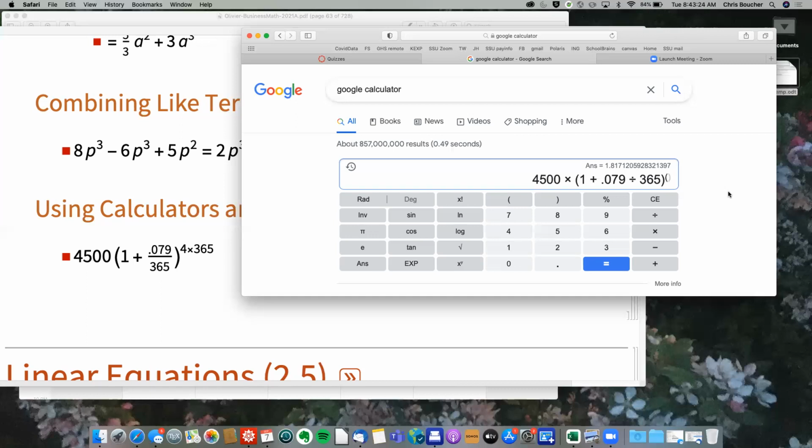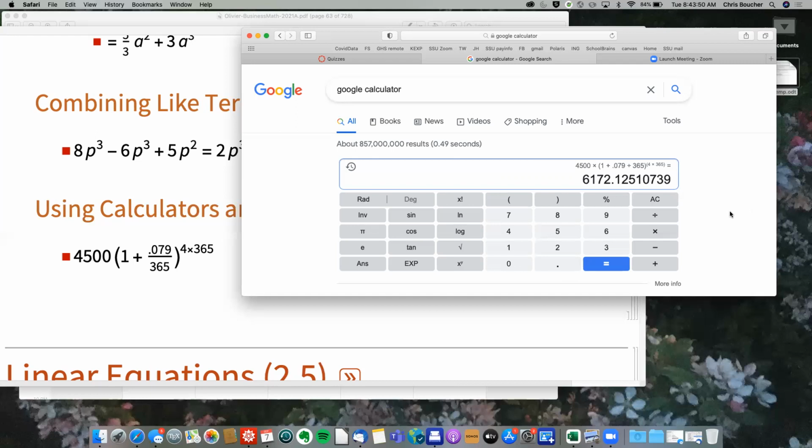Again, here, I don't think that that's absolutely necessary. You'd probably be okay without them, but I'm going to play it safe. And then I'll just type 4 times 365, close parentheses, and when you're all done, click equals, and there's our result.